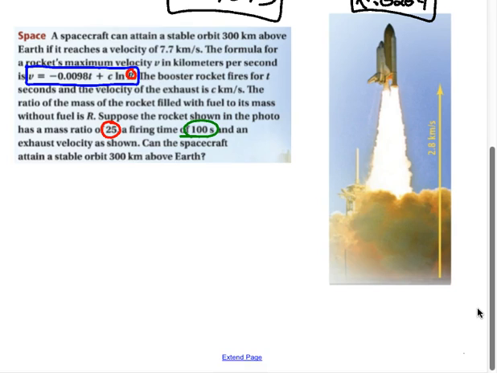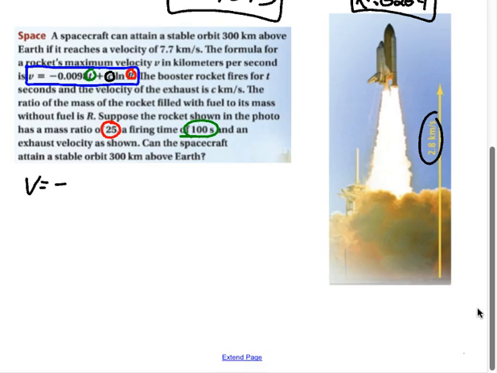So firing time, that was t, so that goes in for my t. And an exhaust velocity as shown. So over here, this exhaust velocity of 2.5 kilometers per second, that goes in for c. They want to know, can the spacecraft reach a stable orbit?